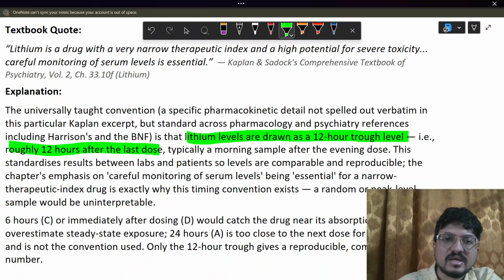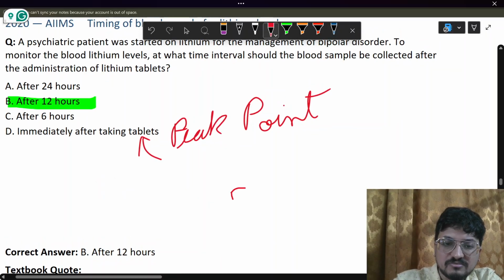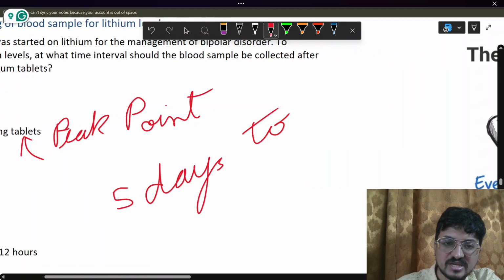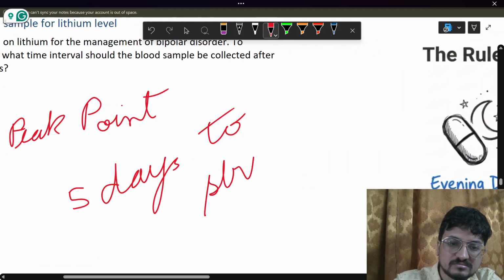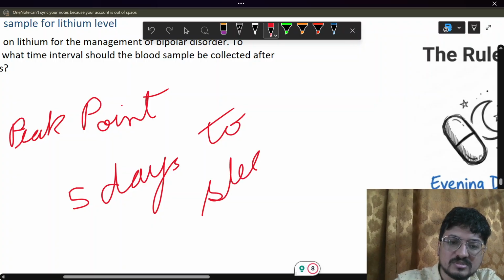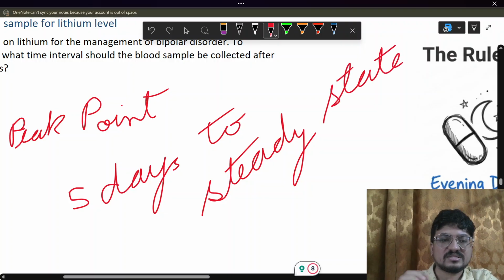Okay. And not only that, in addition to this, you must remember it takes around 5 days to achieve the steady state. So what does that mean?